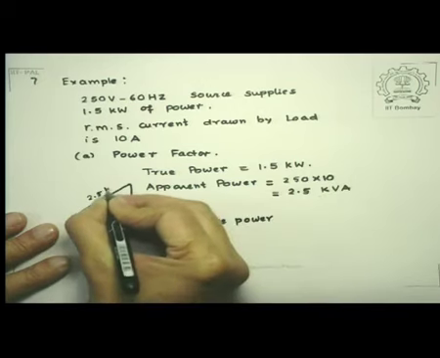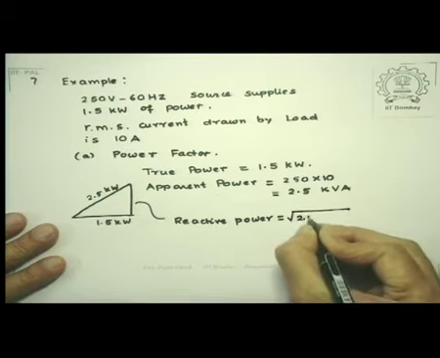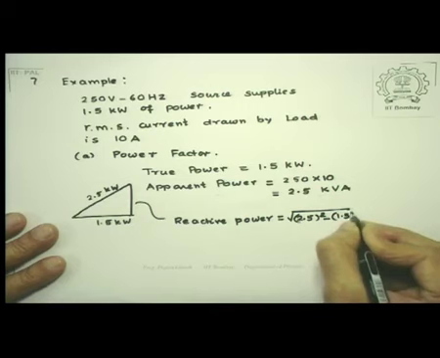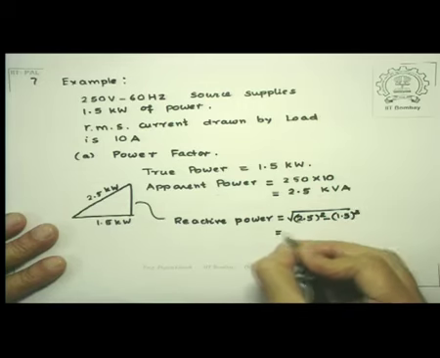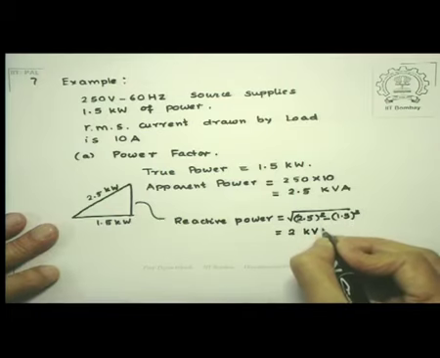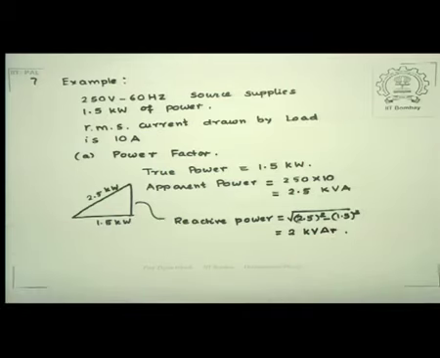This is in kilowatt, and that's equal to square root of 2.5 square minus 1.5 square, and that simply is 2. Now, 2 kilovolt ampere reactive. These are standard notations used by electrical engineers.